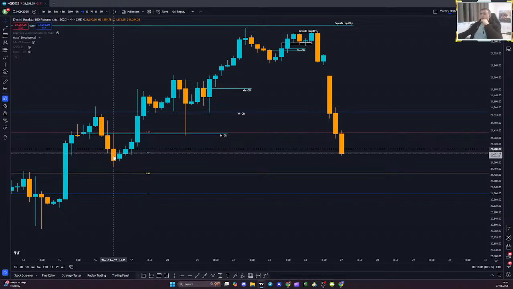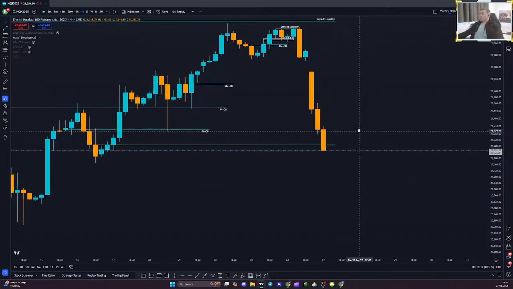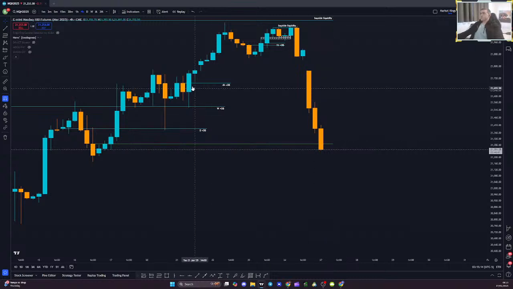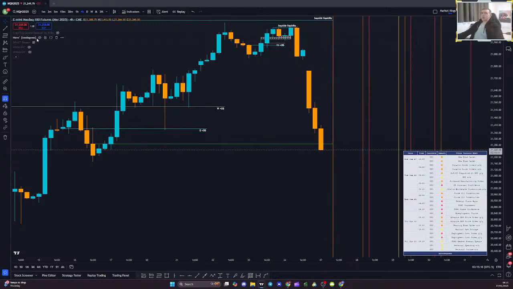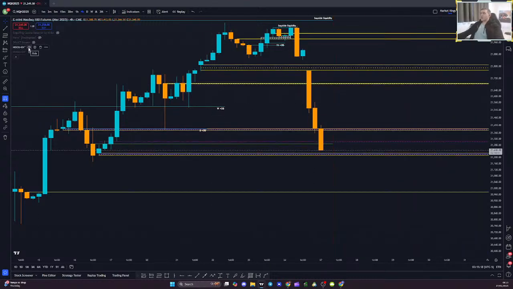We did trade into this 4-hour order block. Let me outline it right here. Let me get rid of this fib. Let me delete these levels. Oh, we have this end dog below us. Interesting.